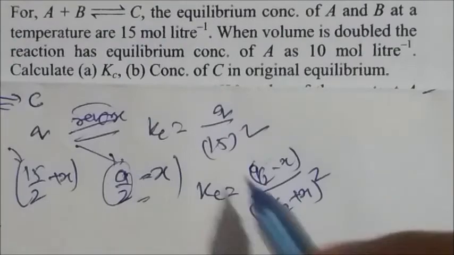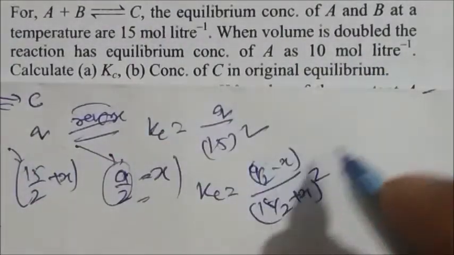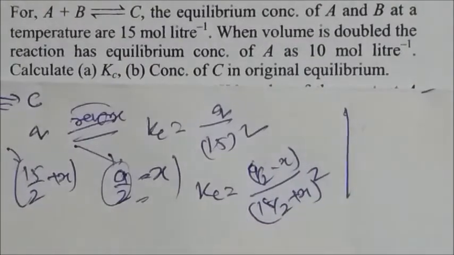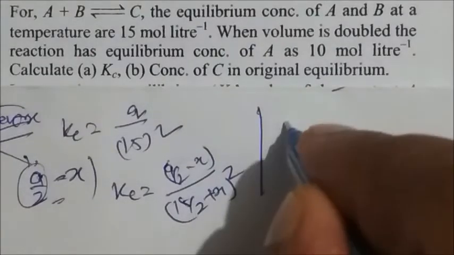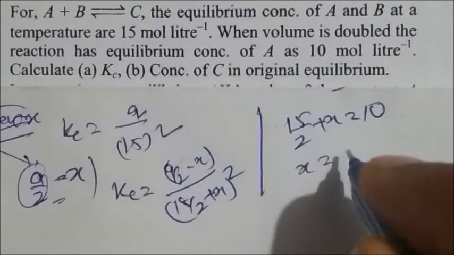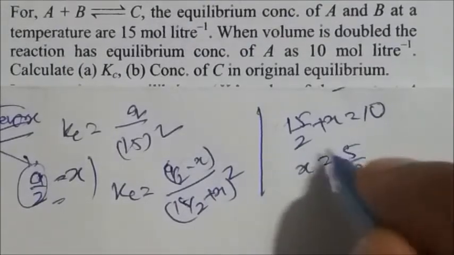And one more thing, they have given the 10 mole concentration for the second equilibrium. So 15 by 2 plus x is equal to 10. From here, x is equal to 5 by 2, that is 10 minus 15 by 2.